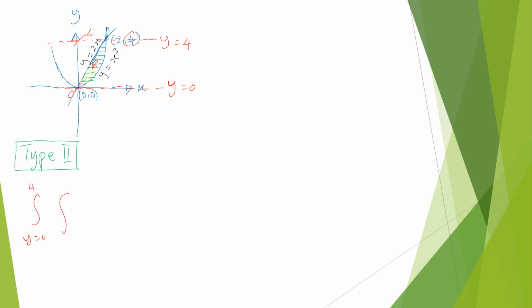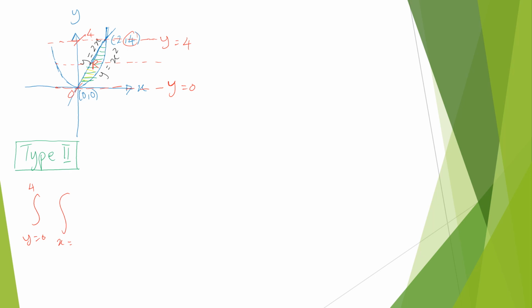The next integral is x equals what function to what function. To identify the functions for the limits of integration, we draw our reference line, which must be horizontal.